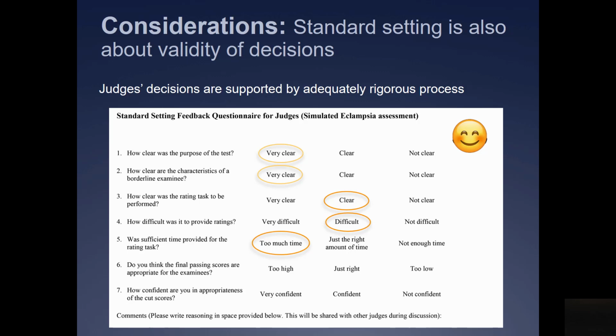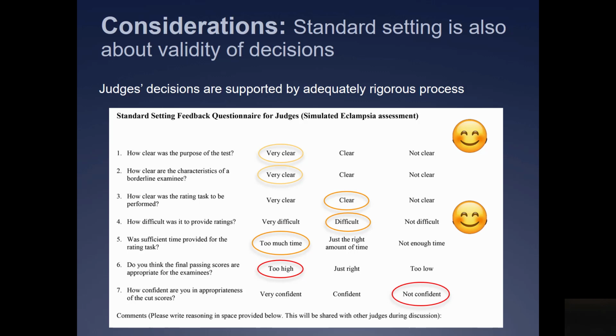Now, where we start having trouble and where content validity may be threatened is when we start getting into these questions that may raise red flags, and so then we have some rigor issues and may have to go back and revise our standard setting process. For example, in item 6, do you think the final passing scores are appropriate for examinees? If it says too high or too low, that could be a problem.